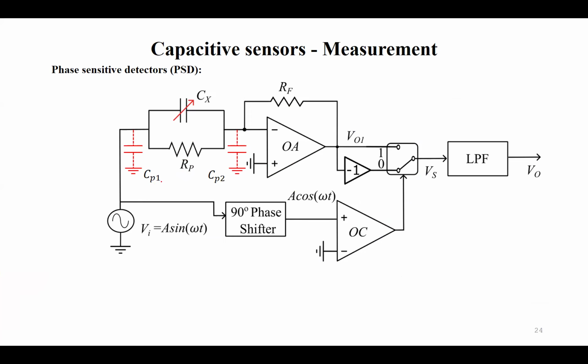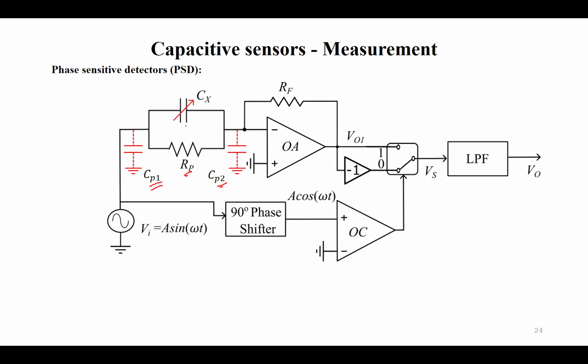Apart from this leakage resistance RP, the other parasitics are the parasitic capacitances CP1 and CP2, which are non-idealities. In a conventional way of measuring the capacitance, the output will be heavily dependent upon the capacitance values CP1 and CP2. Whenever there is a change in CP1 and CP2, it will affect the output.